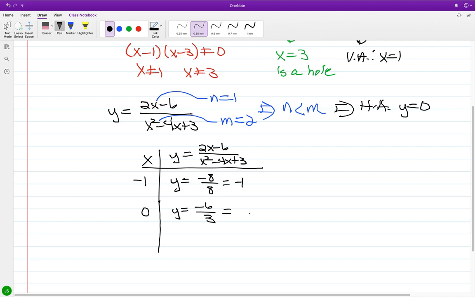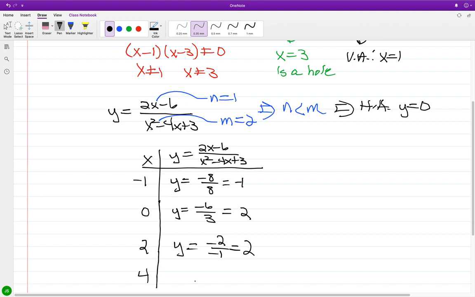So y is going to end up at -2. And in the case of x at 2, y is going to be equal to -2 over -1, which will be +2. And now we're going to have a hole at x equal to 3.